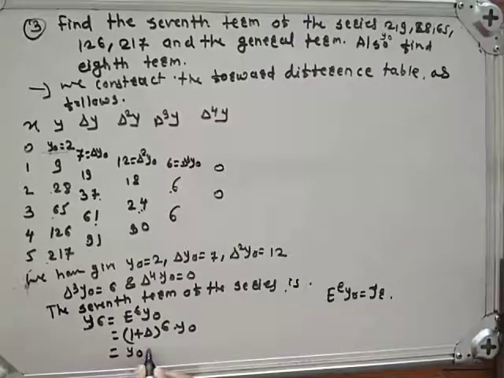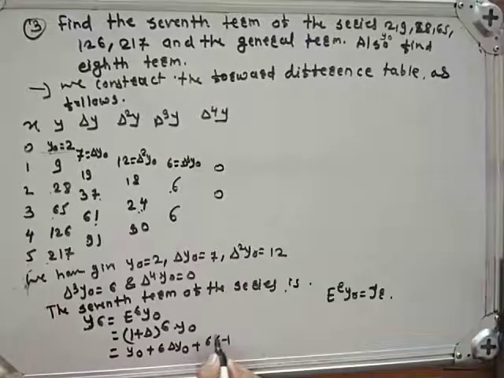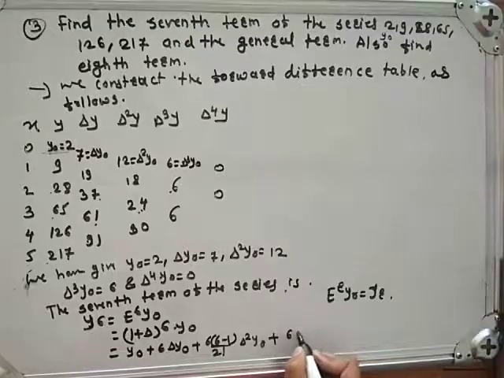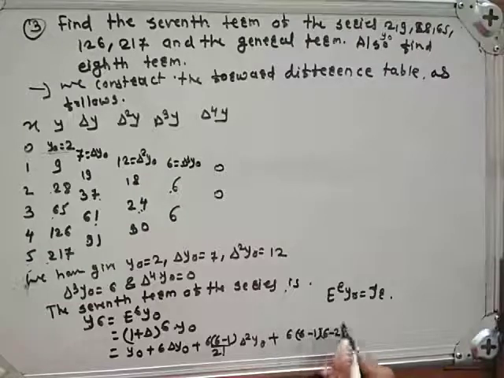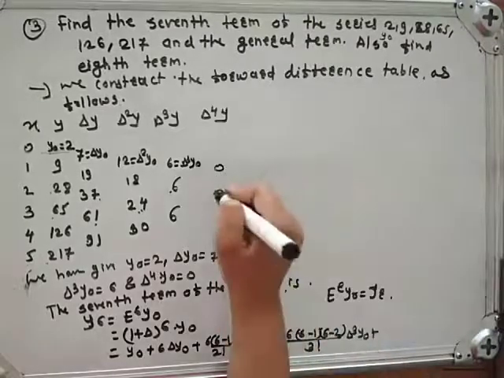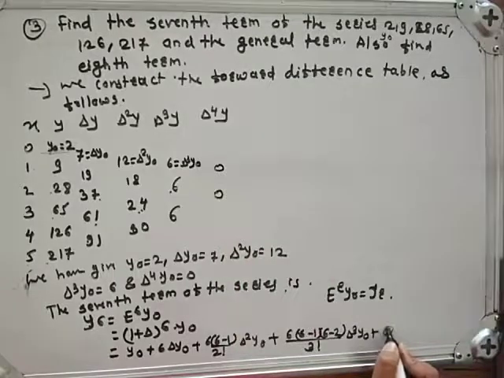You will get y0 plus 6 into Δy0 plus 6 into (6 minus 1) upon 2 factorial into Δ²y0 plus 6 into (6 minus 1) into (6 minus 2) upon 3 factorial into Δ³y0 plus Δ⁴y0 is 0. So the next term will be 0.